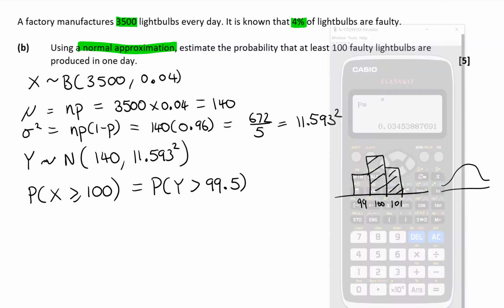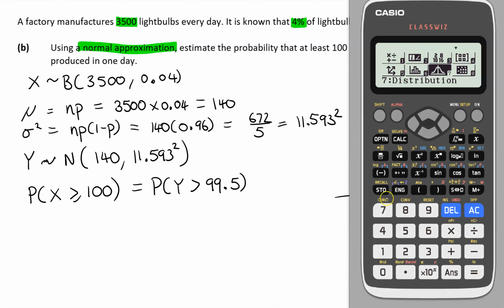So when I use my calculator, I go menu 7, normal CD, my lower limit is going to be 99.5. And then I put my upper limit of just a really big number. My standard deviation is going to be 11.593, or square root of 672 over 5. And my mean is going to be 140.